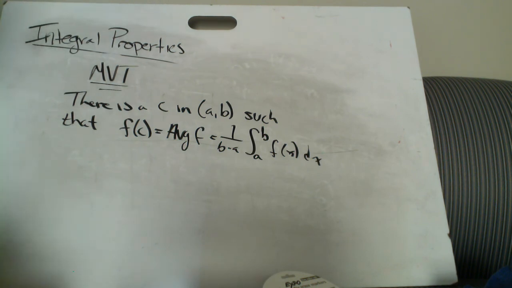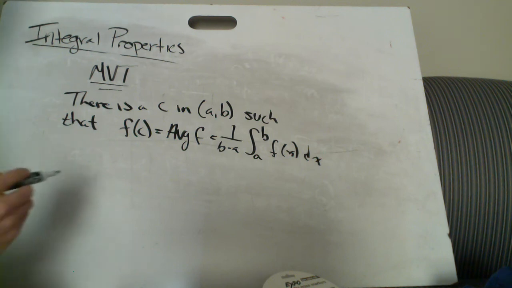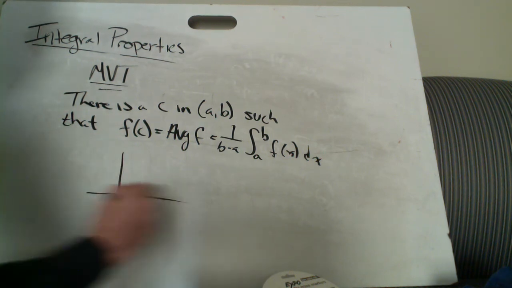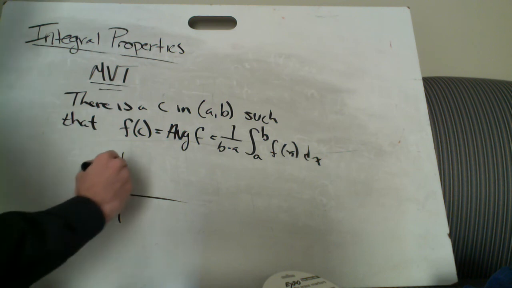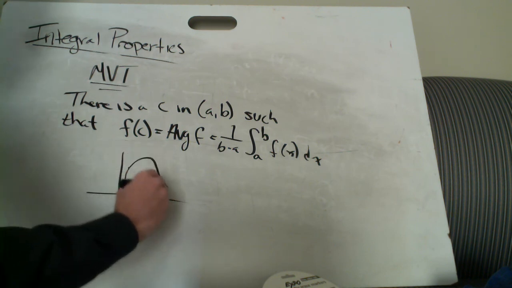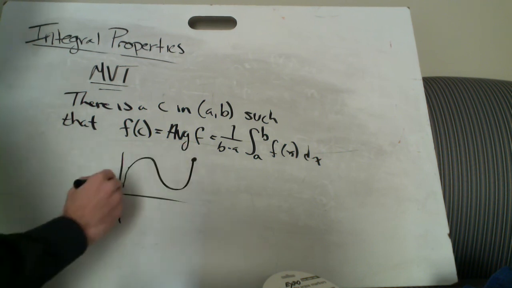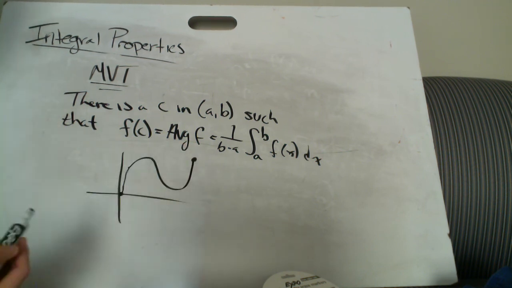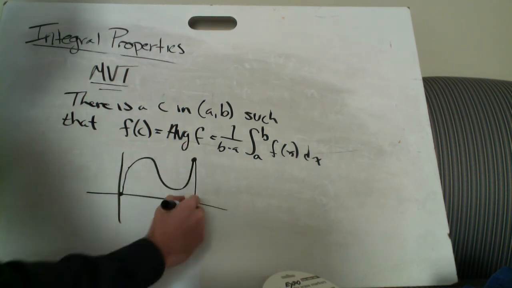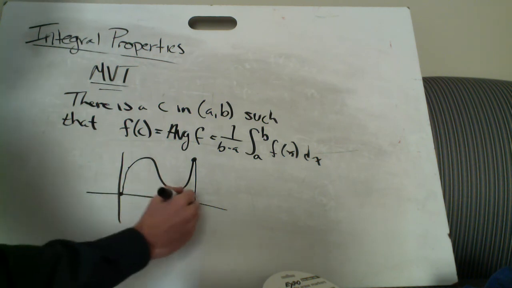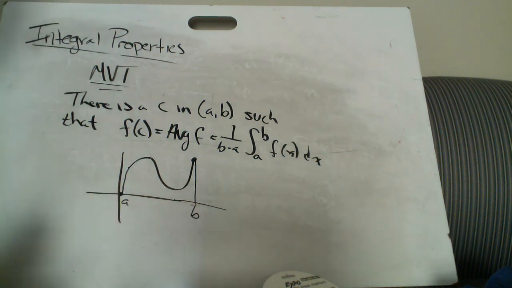Let's take a look at this pictorially and see what's going on here. Let's say I have some function f, and it looks maybe like this. Here's my particular interval, a to b. Here's b, here's a. Great.